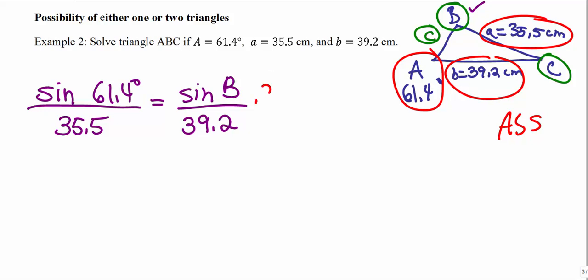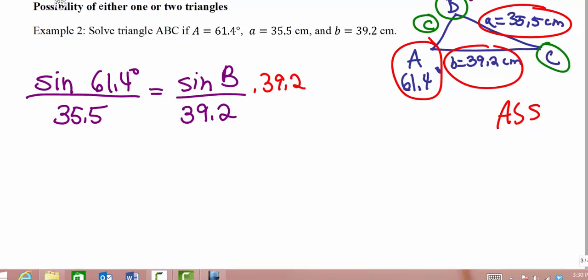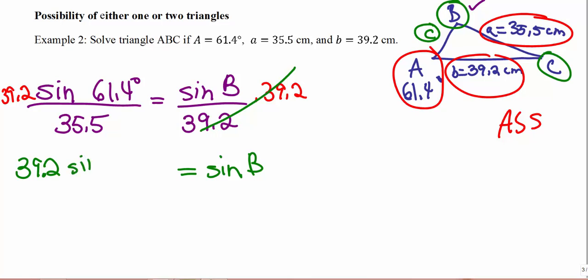And we're going to multiply both sides by 39.2. That way it cancels out here, and we're left with sine of angle B is equal to, let's say, 39.2 times sine of 61.4 degrees divided by 35.5.